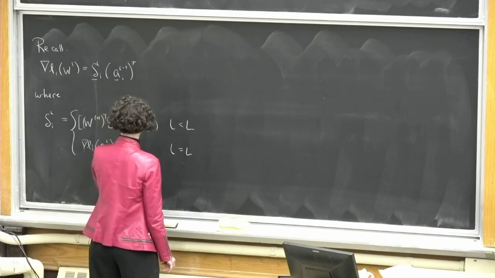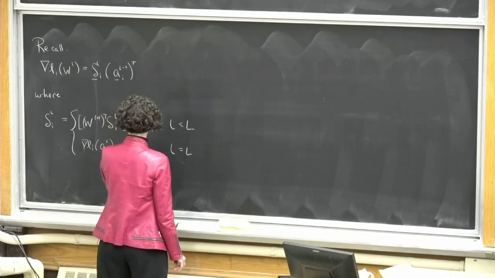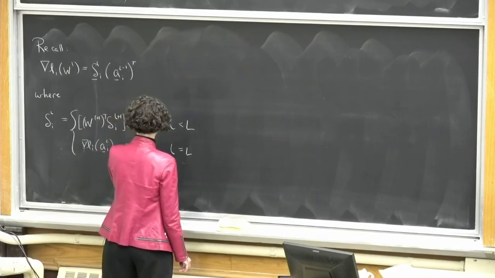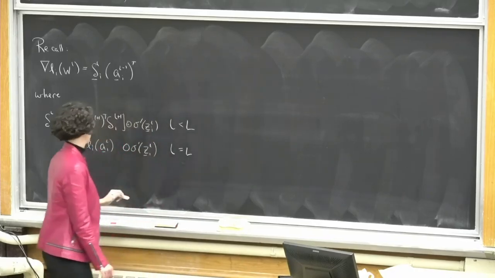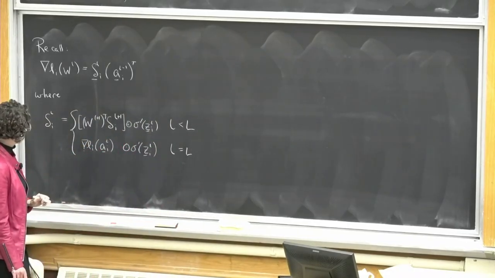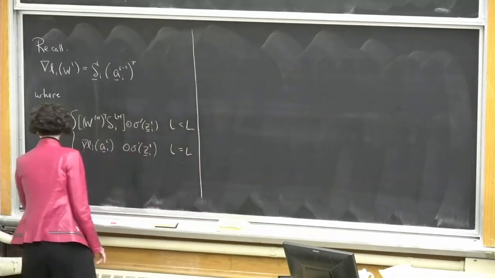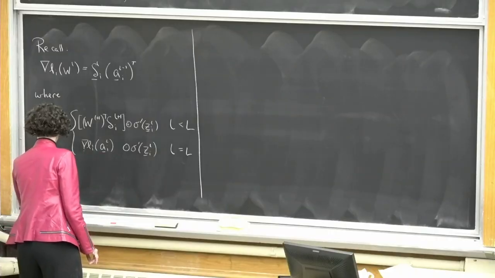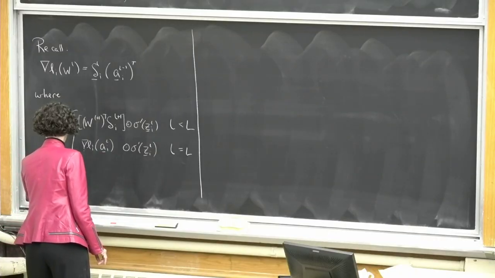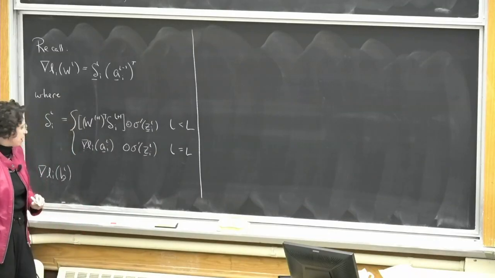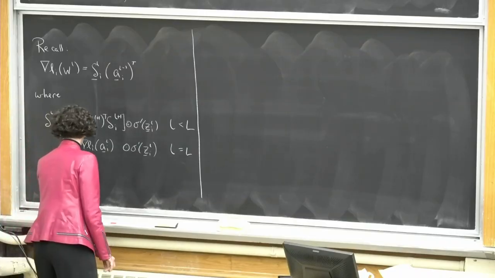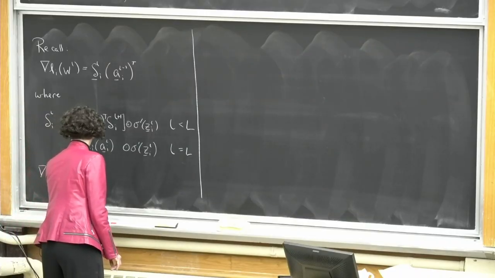And that also gets this element-wise product with sigma prime of z_i^L. And finally, we've got that the gradient of L_i with respect to the vector of biases b is simply delta_i^L.